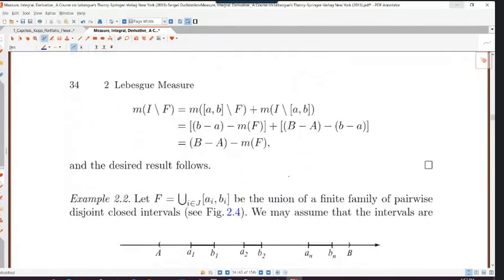The measure of I except F is equal to the measure of (A, B) except F plus the measure of I except [A, B].